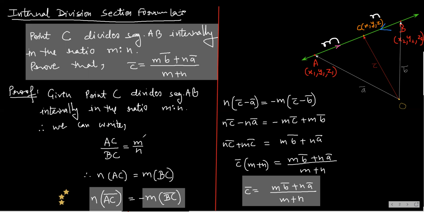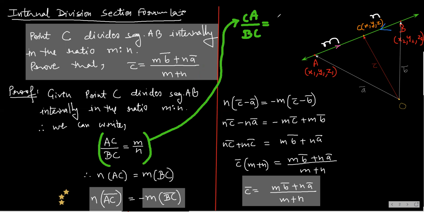Okay. So now think, if this had been written the other way, check this out. If this had been written in some other way, what I mean by some other way, I'll let you know. See, AC upon BC as M upon N, I could have written this as CA upon BC as M upon N. Okay.